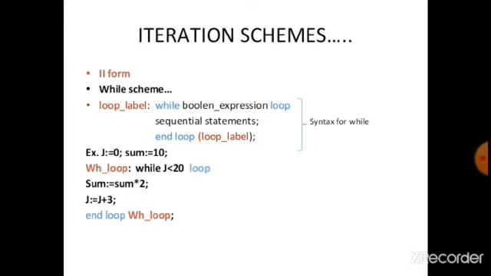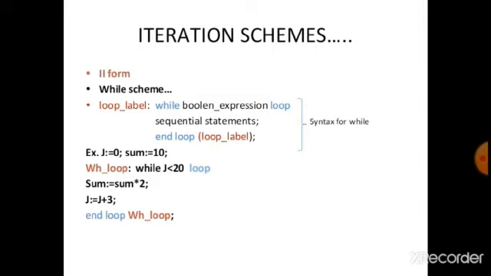Before, we wrote the for iteration scheme, and here we are going to write the while and the boolean expression. All other things are the same and the procedure is also the same. This is the syntax for the while statement.